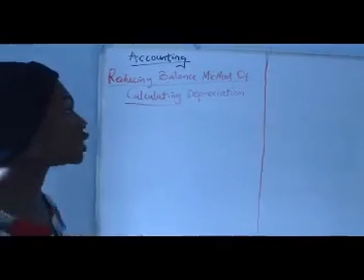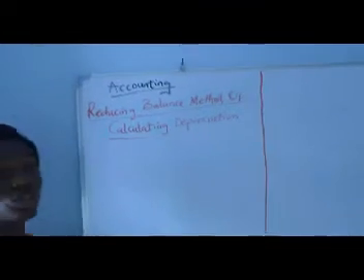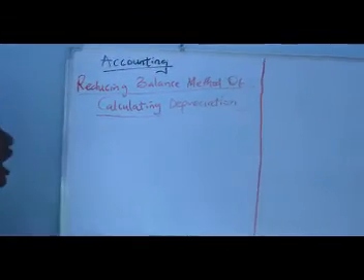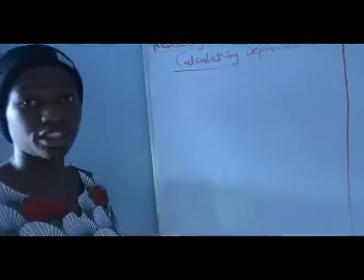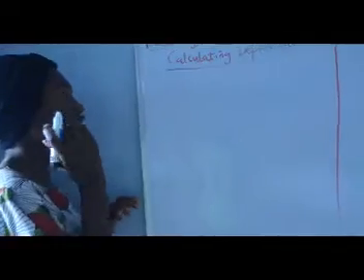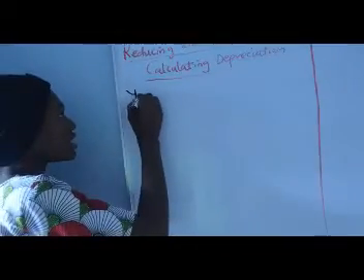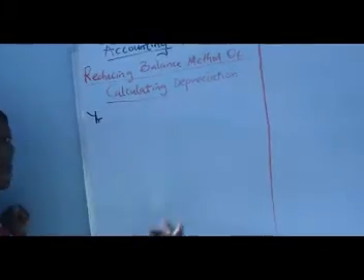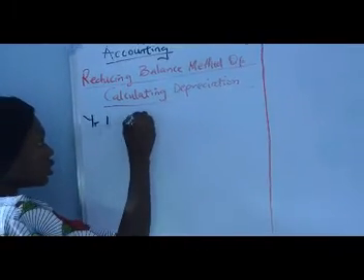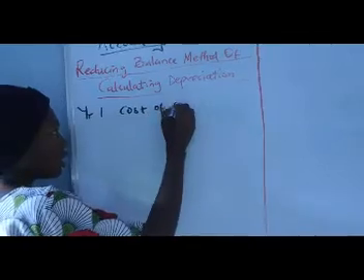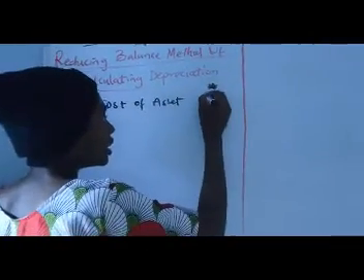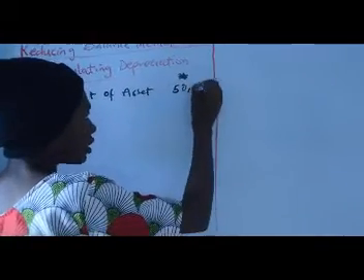Okay, so we've been able to calculate our percentage, right? So now we'll be solving for our yearly depreciation. Our working at this point is a bit different from the other method you've seen. That's why it's called the reducing balance method. So for our first year, I'll be working slowly. I want to take it gradually. For our first year, the cost of our assets is 50,000 naira.